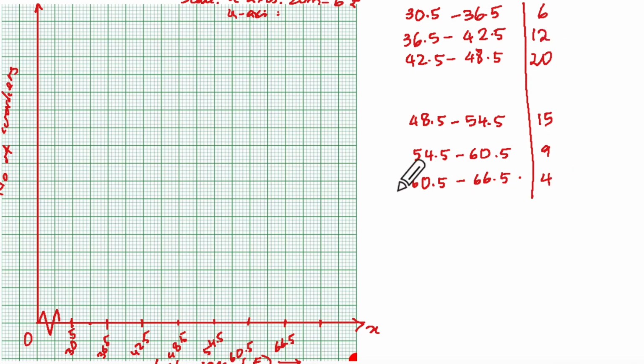we have to go up to 20. How do I go to 20? Do I have 10 boxes here? Yes, ma'am. So I can take 2 centimeter equal to 2 units.